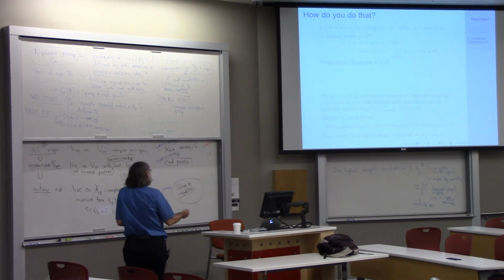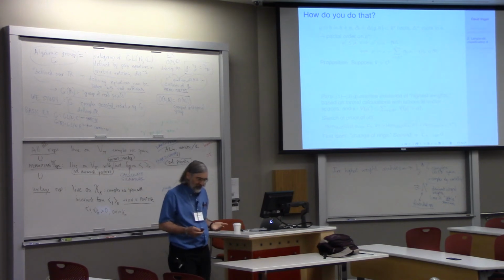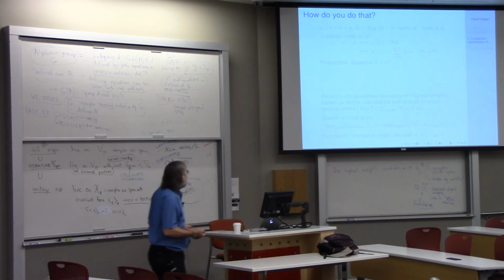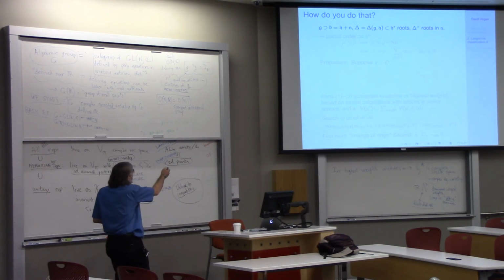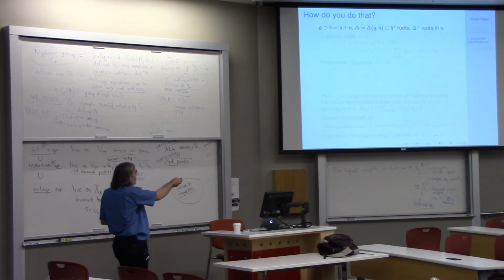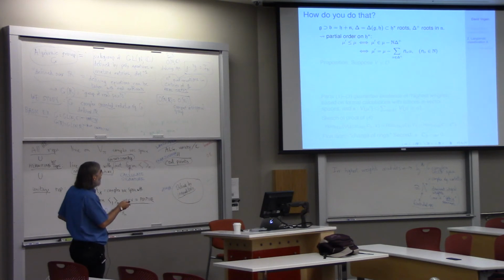Well, I want to remind you a little bit about how this is done for highest weight modules. So we have this Borel subalgebra. I'm going to write capital delta for the system of roots and delta plus for the positive roots defined by it. And that introduces a partial order on weights.